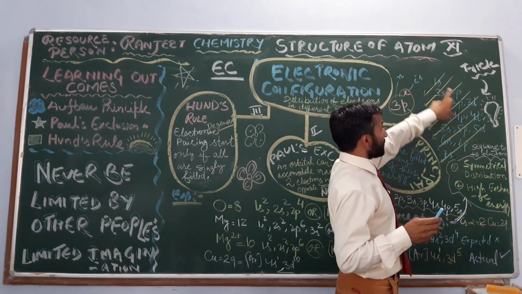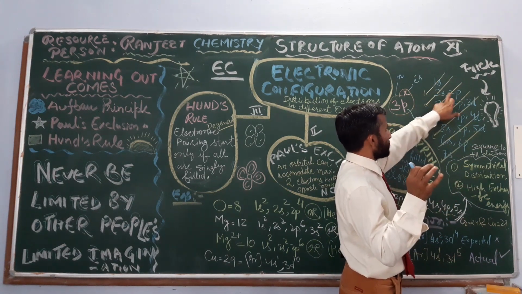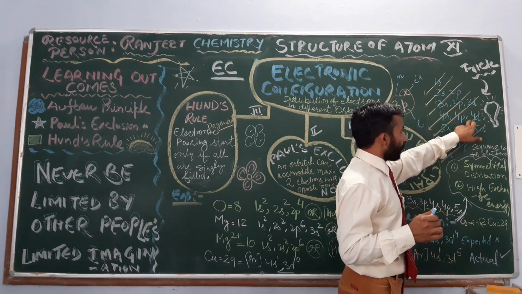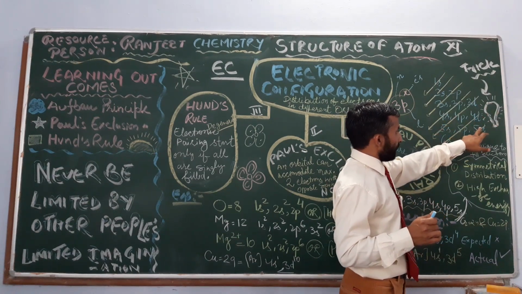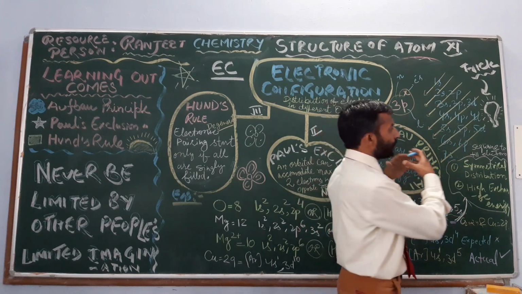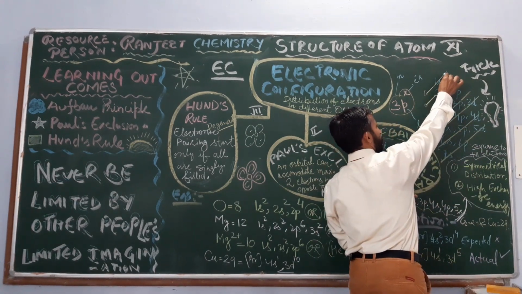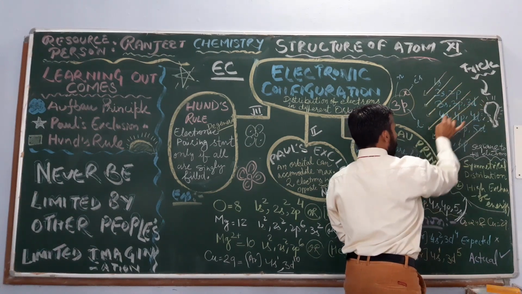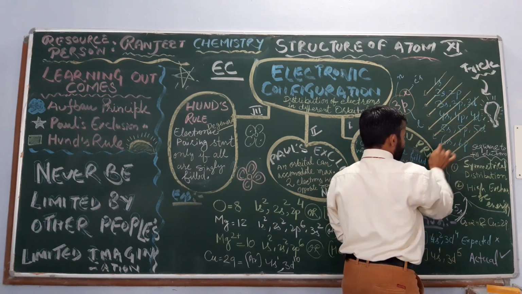First write 1s, then 2s, 2p in the second shell, then in the third 3s, 3p, 3d, then 4s, 4p, 4d, 4f, then 5s, 5p, 5d, like this 6s, 7s, whatever values you require. Then how to read? You will draw arrows diagonally, one after another, up to down.